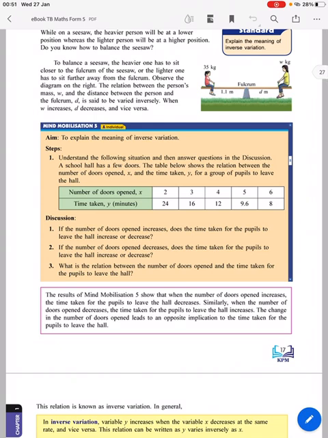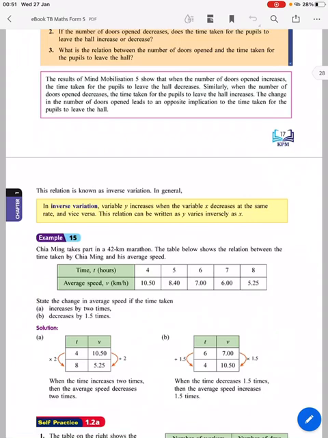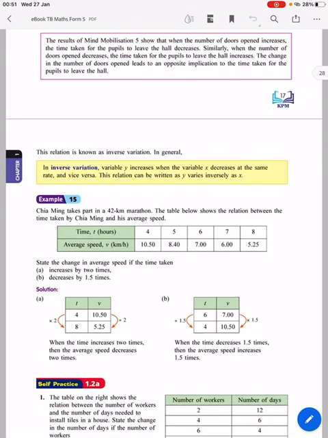So this is an example of inverse variation. The more doors open, the shorter the time taken for students to leave the hall. This relation is known as inverse variation.